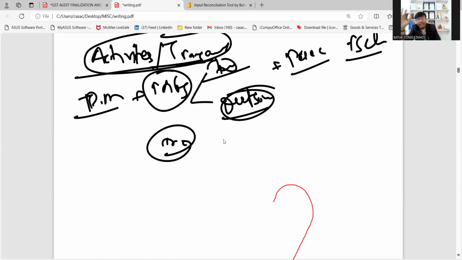For that identification, I just need to identify what types of activities are there. First I need to identify that particular thing.